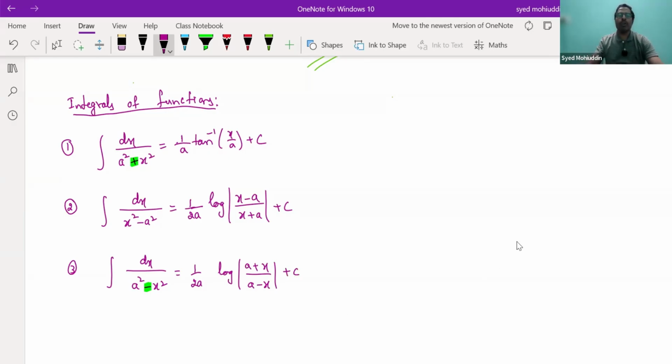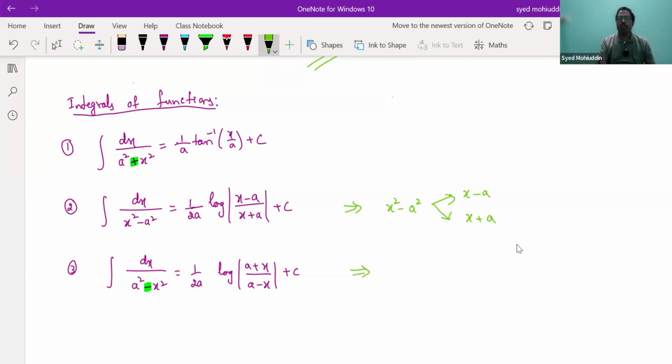So you should be very careful. If you observe, when it is x square minus a square, the numerator is x minus a and the denominator is x plus a.